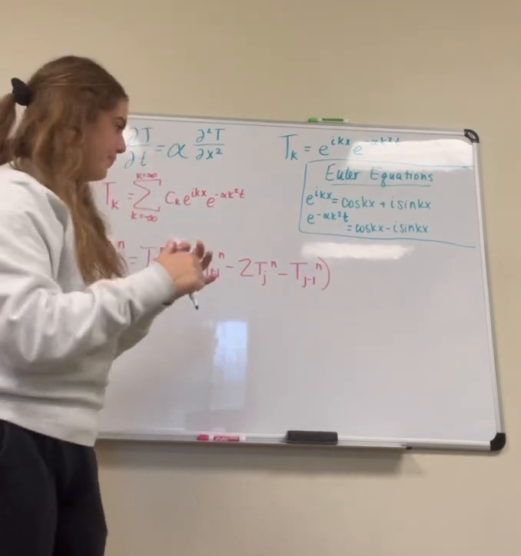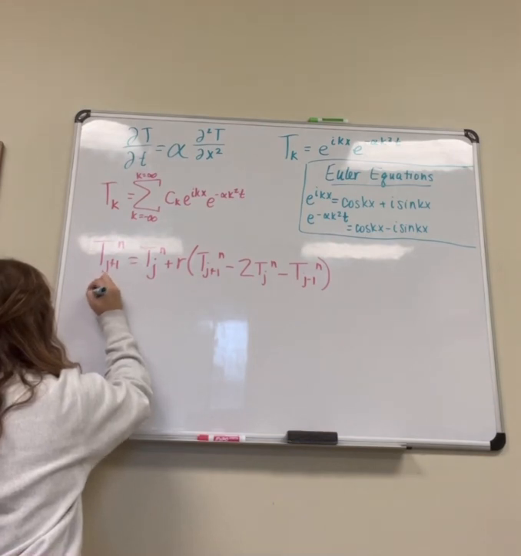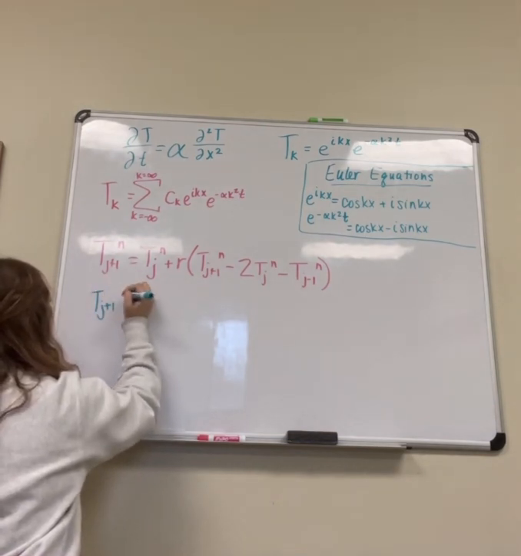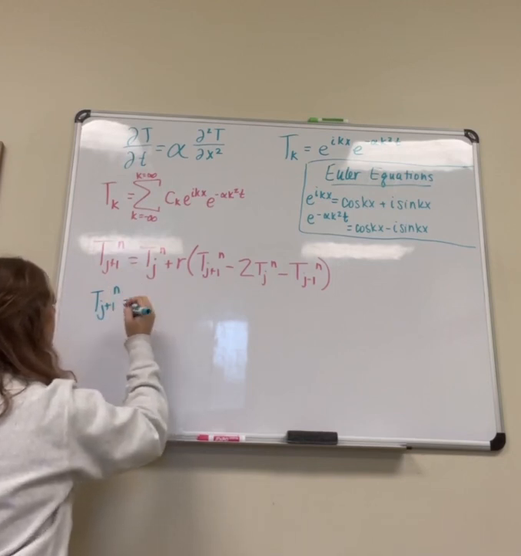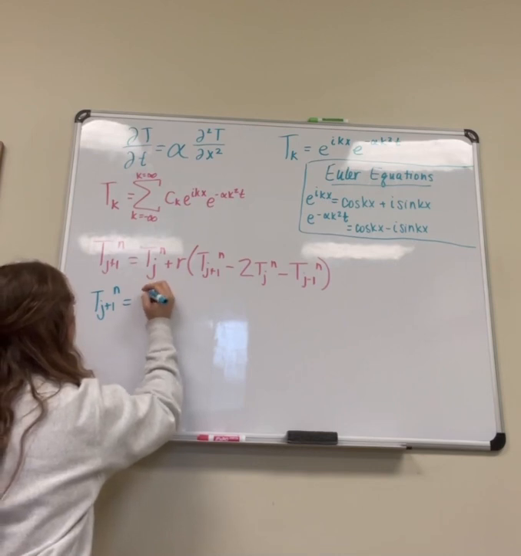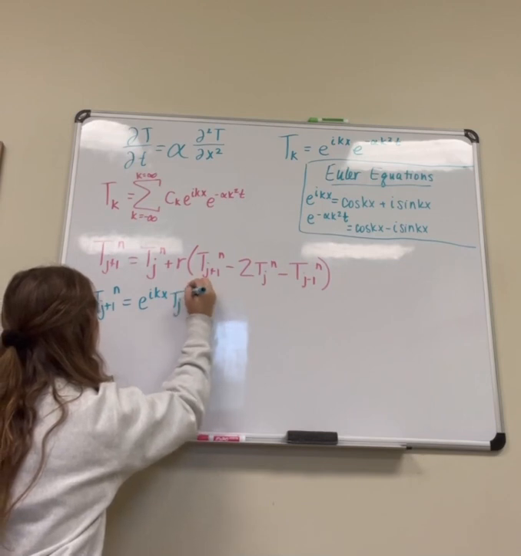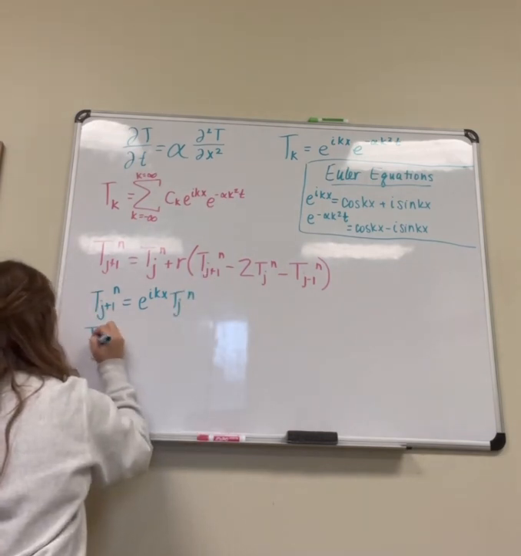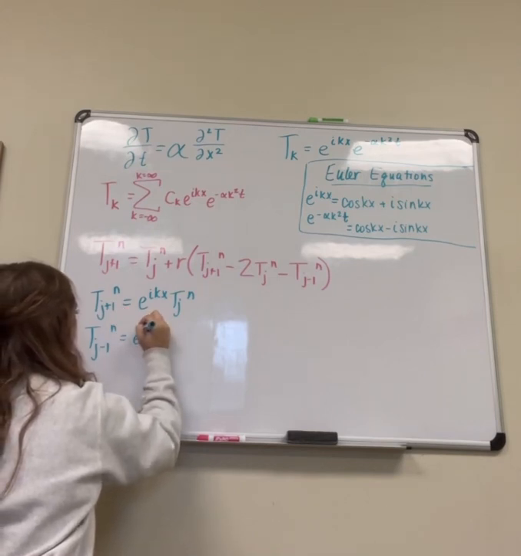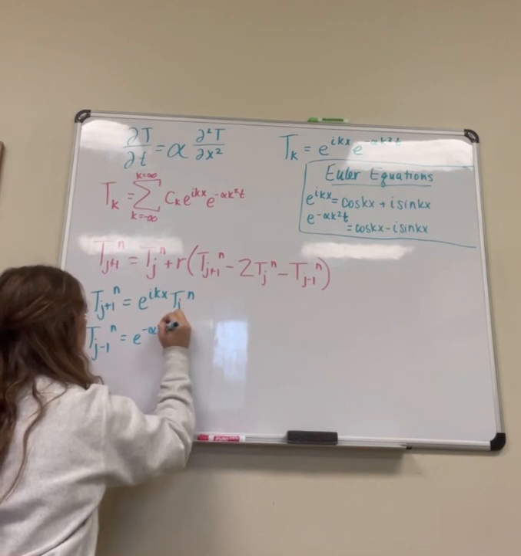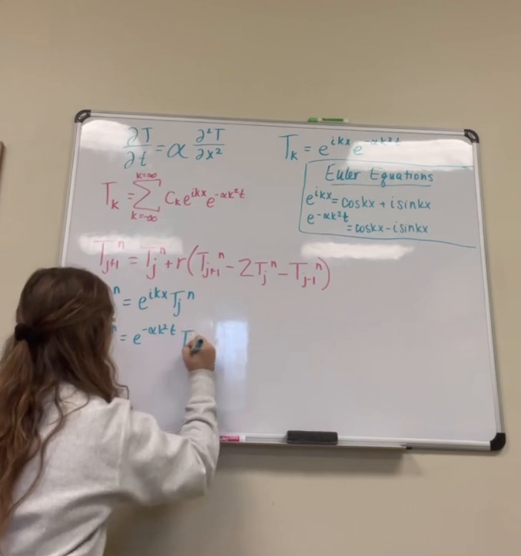And we are going to get that Tj to the n is equal to e to the alpha k squared t n.